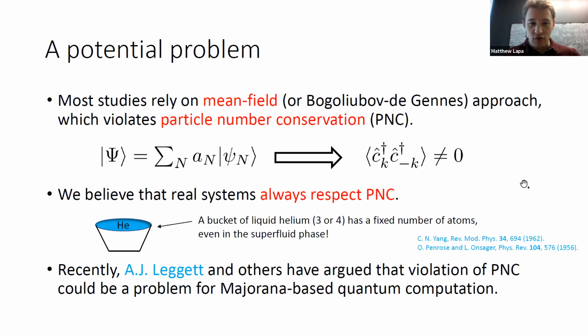But on the other hand, we think that real systems always respect particle number conservation, and there are old approaches to superconductivity and superfluidity due to Yang and Penrose and Onsager, which explain how to characterize superconducting or superfluid order using a wave function with a fixed number of particles. And so recently, Anthony Leggett and others have argued that this violation of particle number conservation may pose a problem for Majorana-based quantum computation.